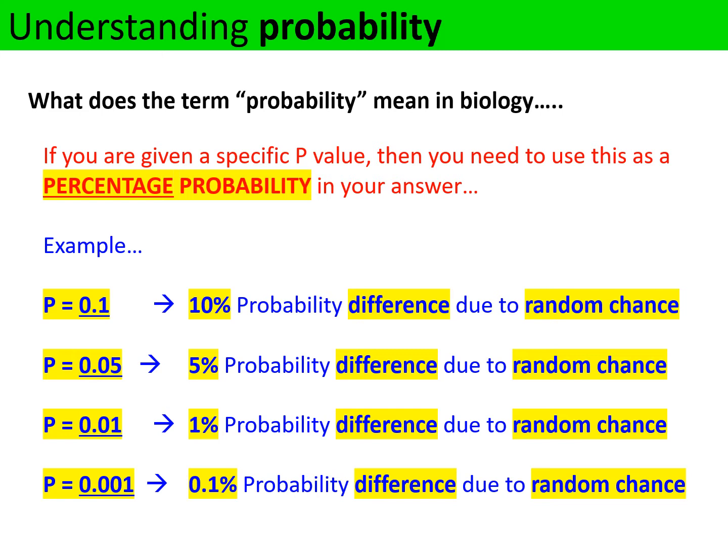So a p-value of 0.01 is 1% probability that the difference between two values or two different mean values is due to random chance. And the one at the bottom then, p equals 0.001, is obviously a very small p-value. We times that by 100 and it'll give us 0.1% probability that the difference between our two mean values is due to random chance on its own.